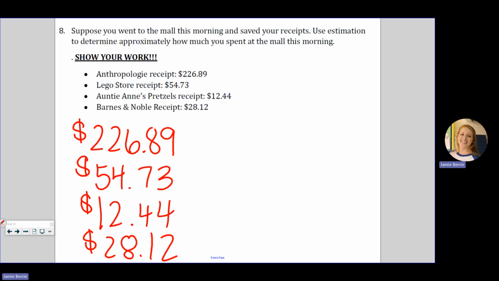All right, so if I was doing this, I would probably round to the tens, like 226, I would say that's about 230. But if you wanted to round to the nearest 5, like 225, 55, 10, it's all up to you. So I would round this first one to 230.